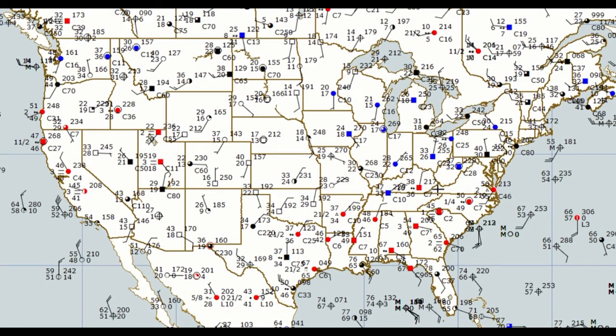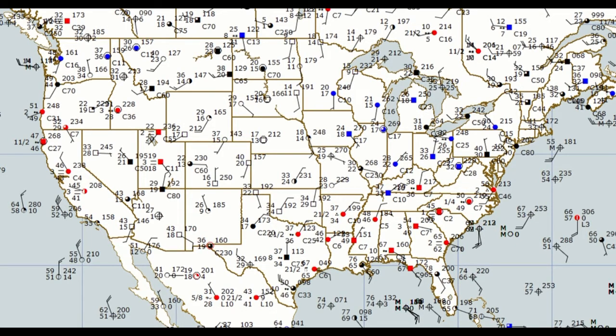Blue is marginal VFR, and that means the ceilings are between 1,000 and 3,000 feet, or the visibility is between 1 and 3 miles. And then the black dots are VFR, which is visibility above 3 miles and cloud height above 3,000 feet. So that gives you an idea where your lowest clouds are and where your precipitation is taking place.